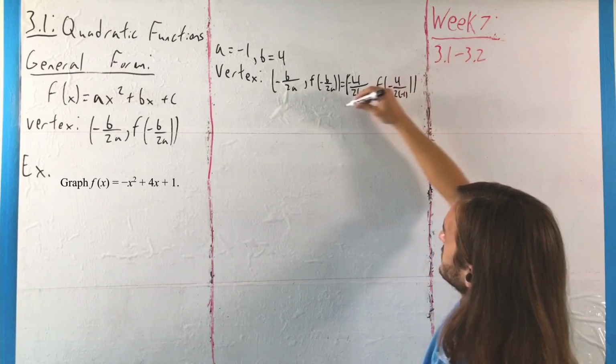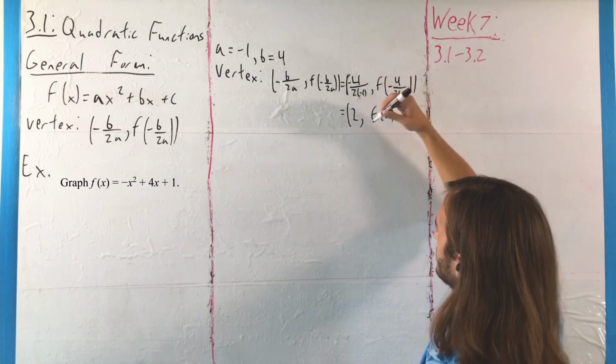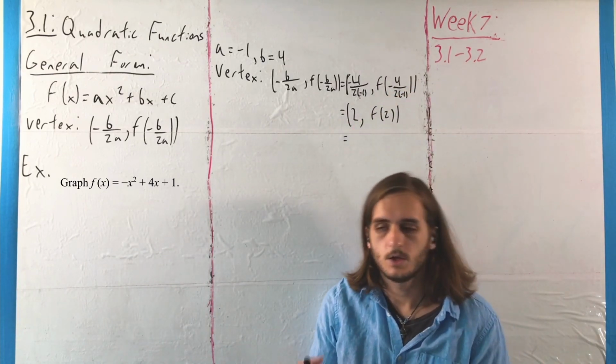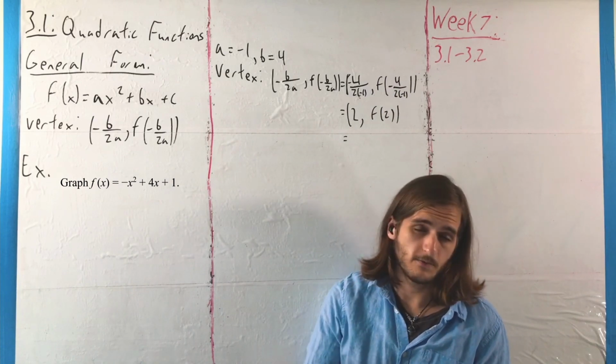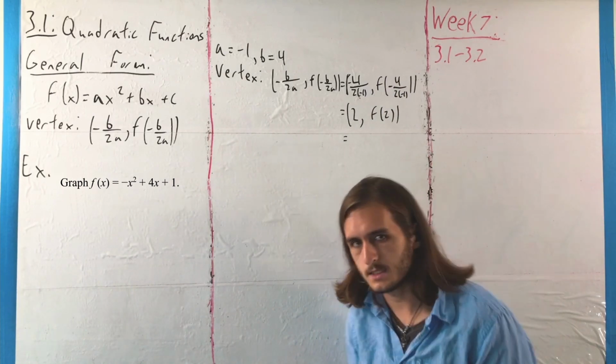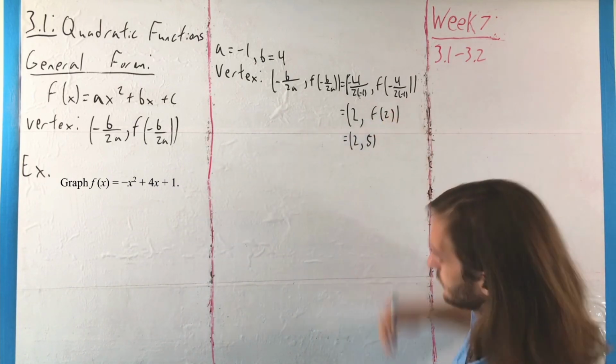So a whole lot of negatives in here. We'd end up just having 2, f of 2, or plugging that into our function, we would have 2 squared with a negative would be negative 4, plus 2 times 4 would be 8, so you'd end up with positive 4 plus 1, and you get that the vertex is at the point 2,5.